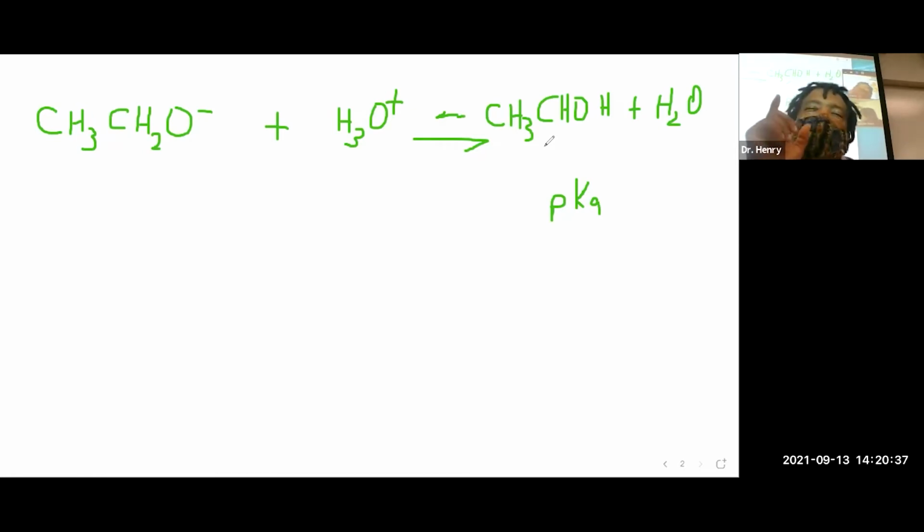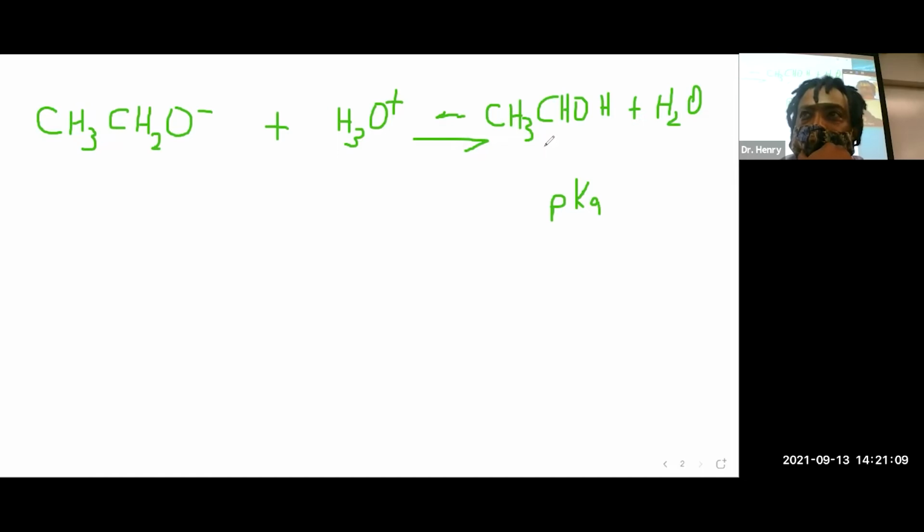Let me think of another way of explaining it. But you're correct. I'm trying to see how your logic is thinking. Yeah, it's holding up. I just thought of the H plus added, yeah, it becomes more acidic.